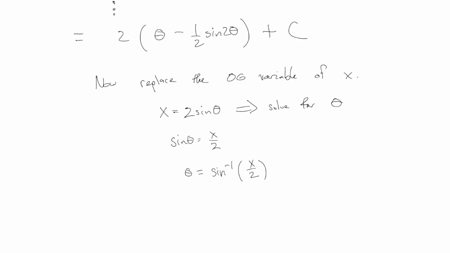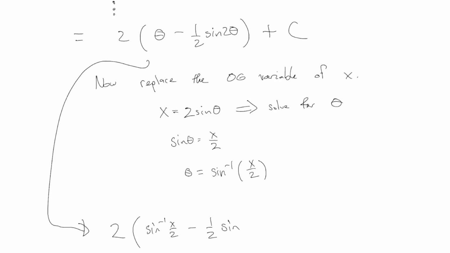All right. And so that's how we replace this variable at the very end here. So this whole thing here, and this will be my final answer: 2 theta is inverse sine x over 2, minus 1/2 sine of 2 times theta, which is inverse sine x over 2.